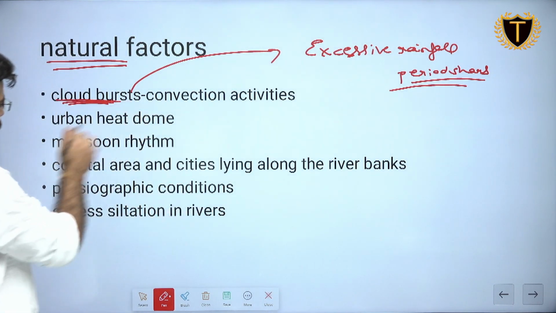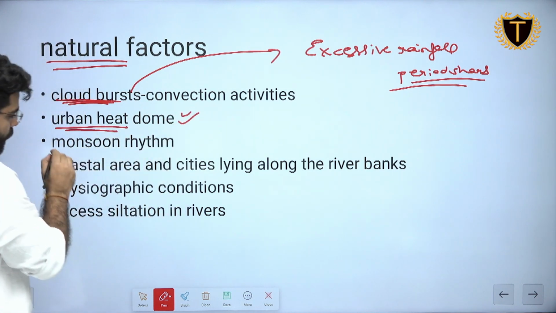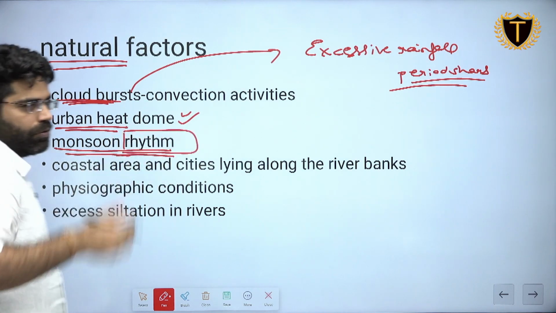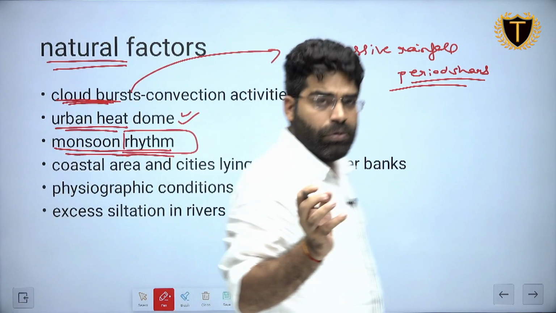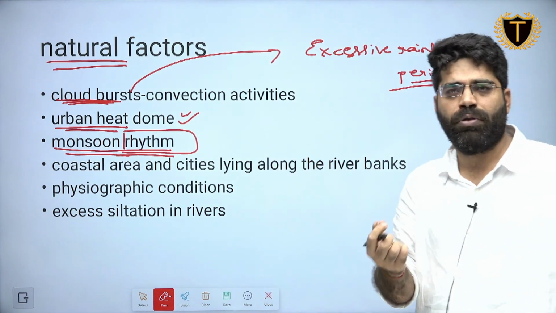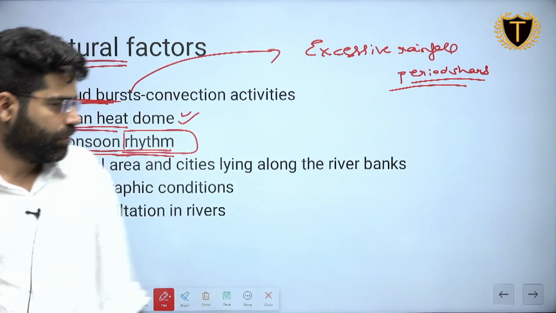Second important natural factor is urban heat dome, which we have discussed thoroughly. Third one is monsoon rhythm. What do you mean by monsoon rhythm? As you know the basic concepts of geography, the onset of monsoon takes place on 8th of June on the Kerala coast of India.